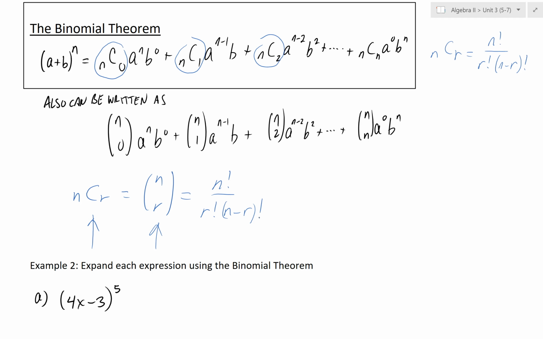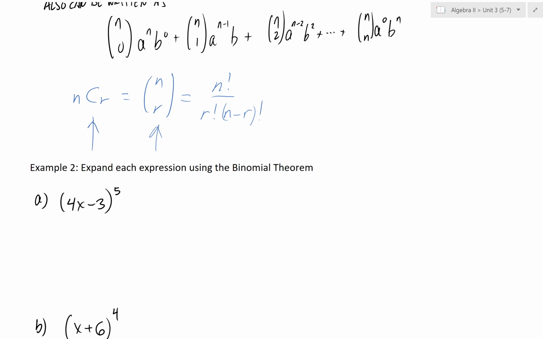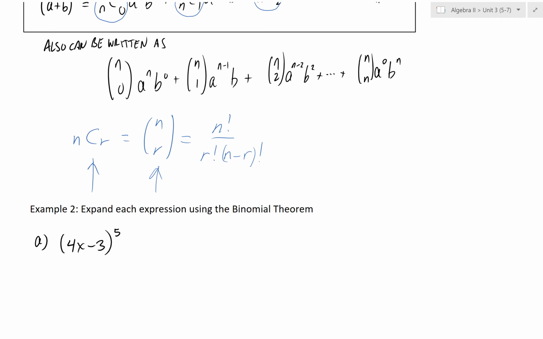Okay, and so for our first example, it's a 5th degree expansion, and so we're going to have 6 terms altogether. So we'll have 1, 2, 3, 4, 5, 6 terms.